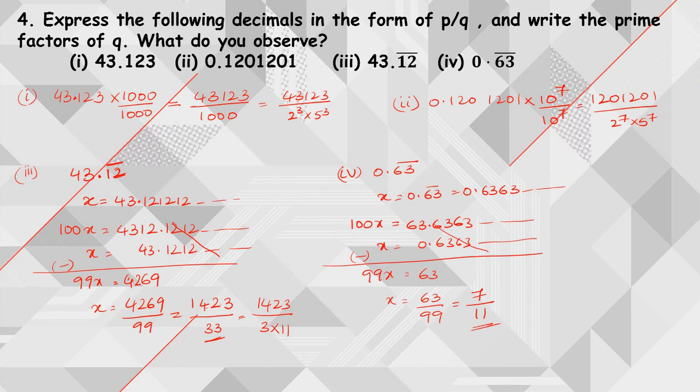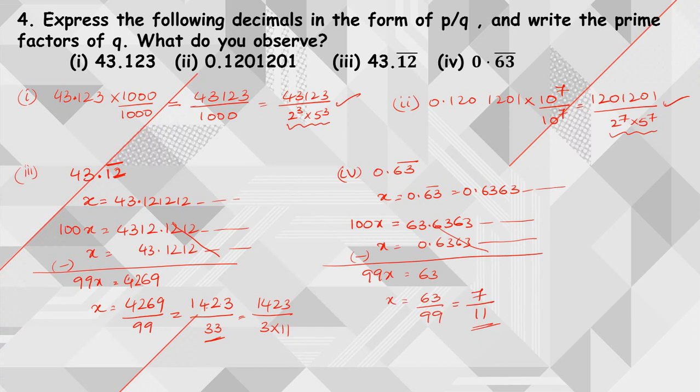Now if you observe these things carefully, in the first 2 bits the denominator is containing 2 power n into 5 power m form. So we can say that they are terminating decimals.